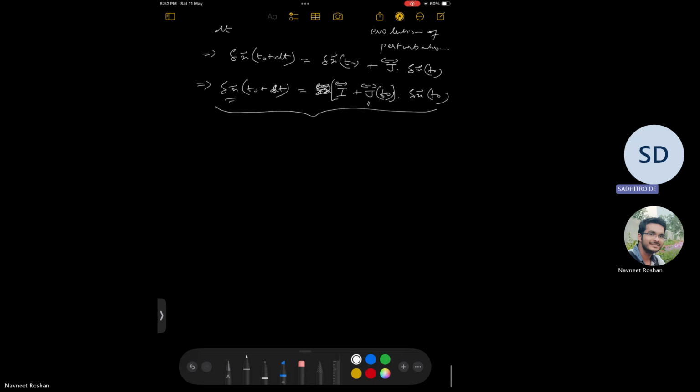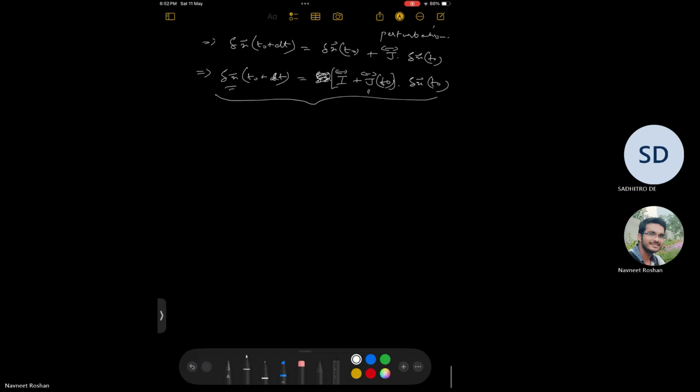Initially we can choose a random perturbation vector, delta X0, which has components delta x0, delta y0, and delta z0.